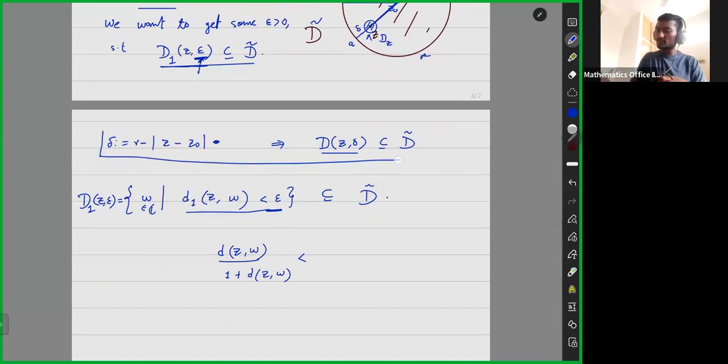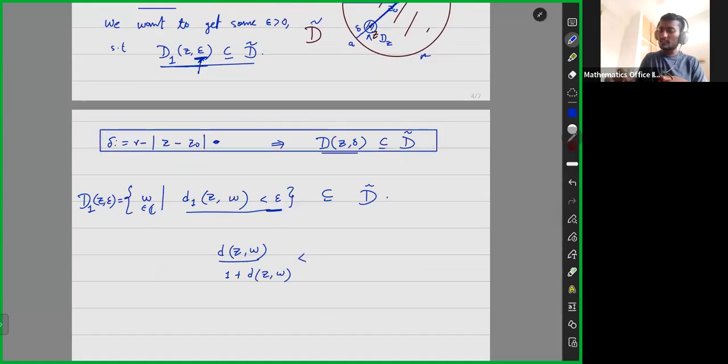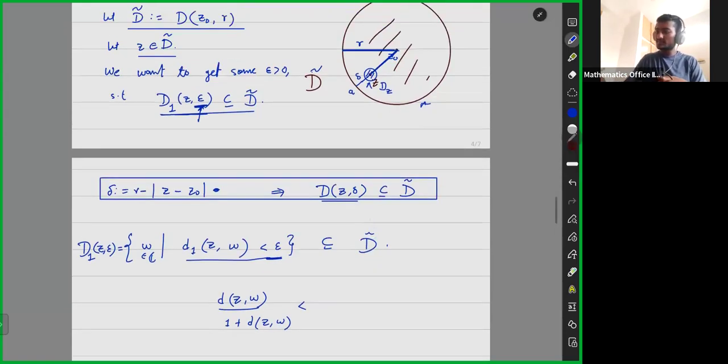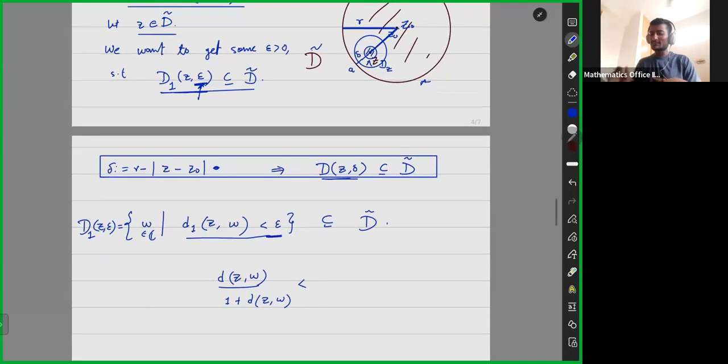Just for observation, if delta is r minus the distance between Z and Z naught, where Z naught is the center, then this ball is contained inside D delta, and this is the biggest ball contained inside D delta.